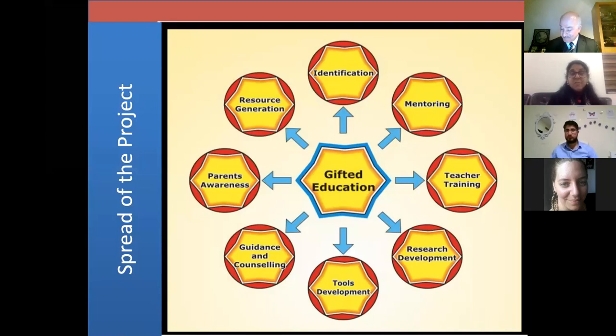So there can be somebody who is an excellent researcher or a scientist or a teacher, but cannot be a good mentor. So we developed a mentor readiness scale also. Teachers training, tools development and validation, research.